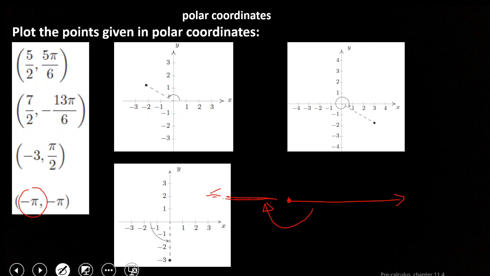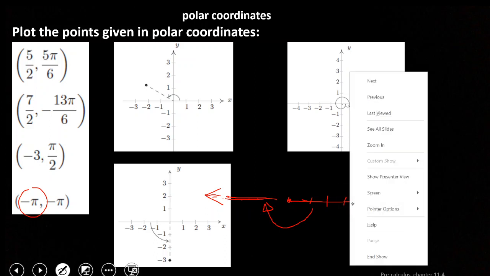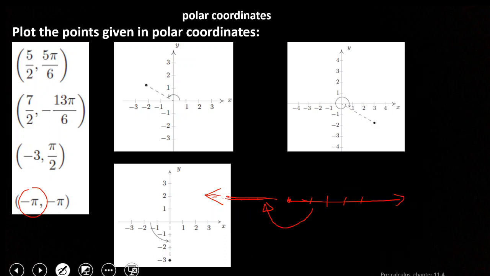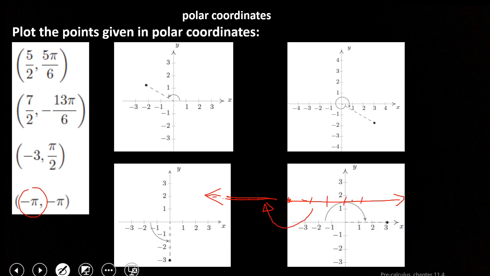See, the terminal side is this way, so I have to go the other way. 1, 2, 3, and 3 point something right there. Right? So, there, that's the point. It's going to be there.